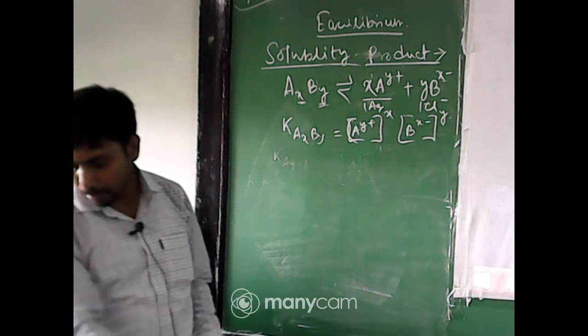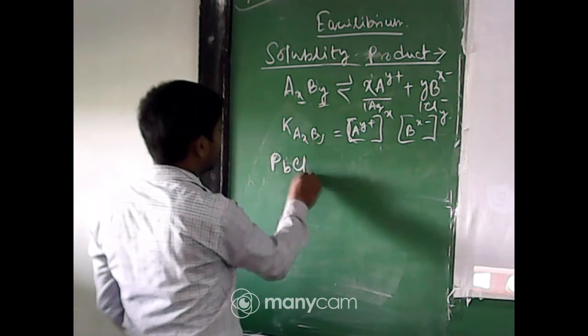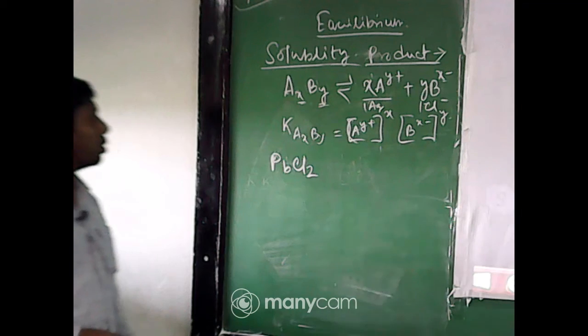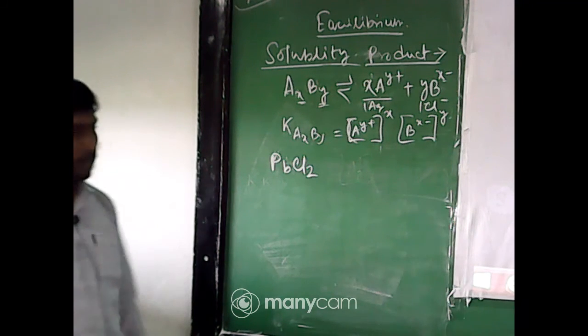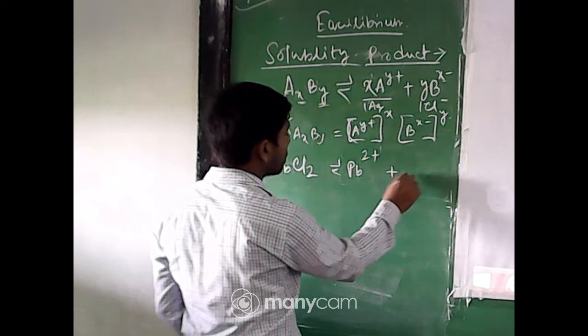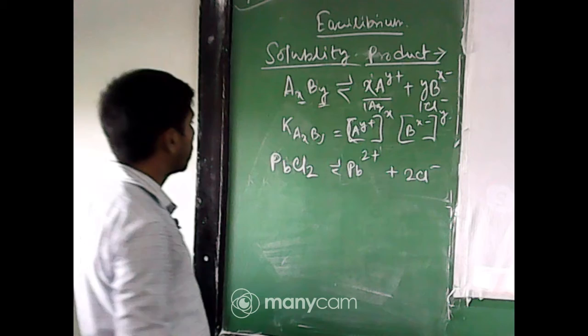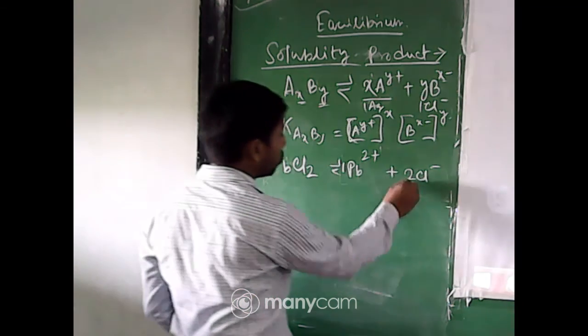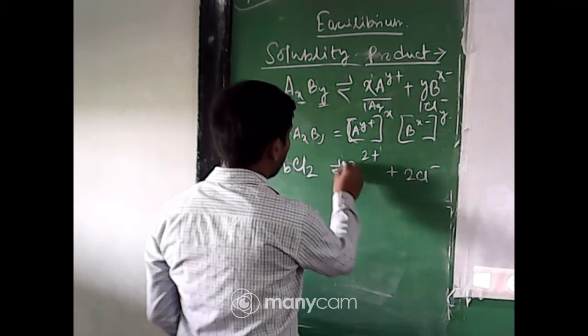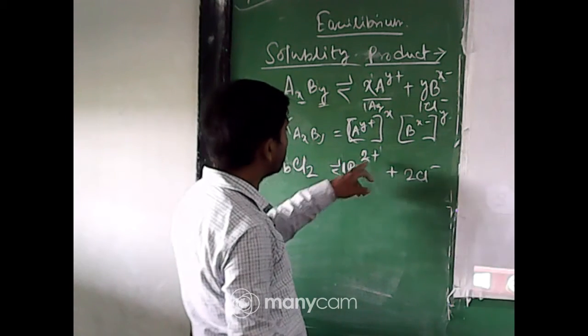For one example, PbCl2. PbCl2 dissociates as Pb2 plus and 2Cl minus. So, here 1, here 2, that is 2 chlorine. Pb has a valency of 2.